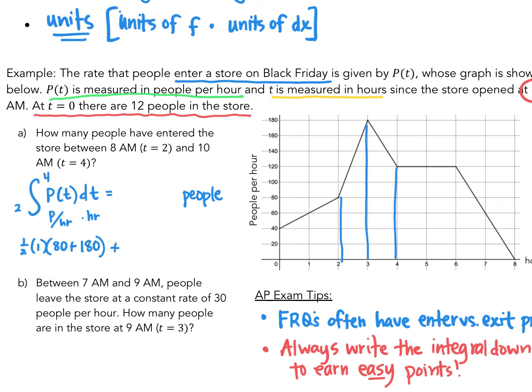And the other would be 1/2, and the base is 1, and then the trapezoid of 180 plus 120. So we're looking at 1/2 of 260 and 1/2 of 300. So that's 130 plus 150. So we're looking at 280 people.